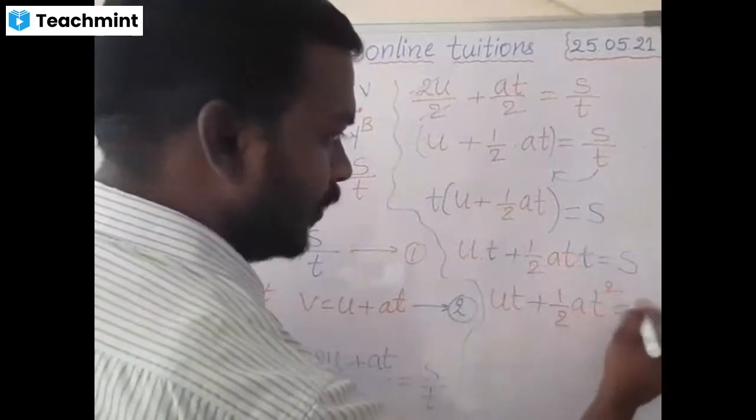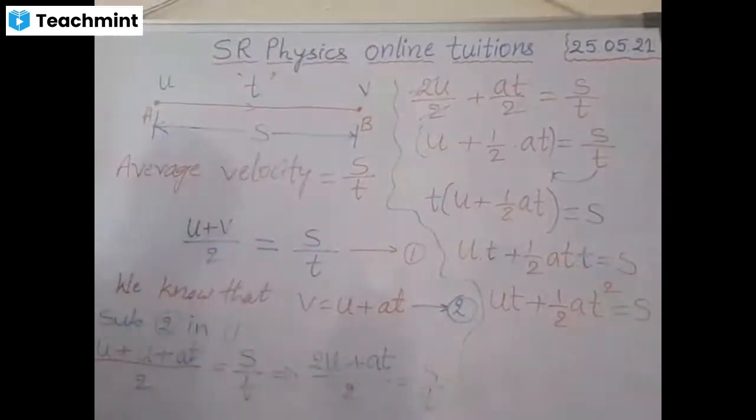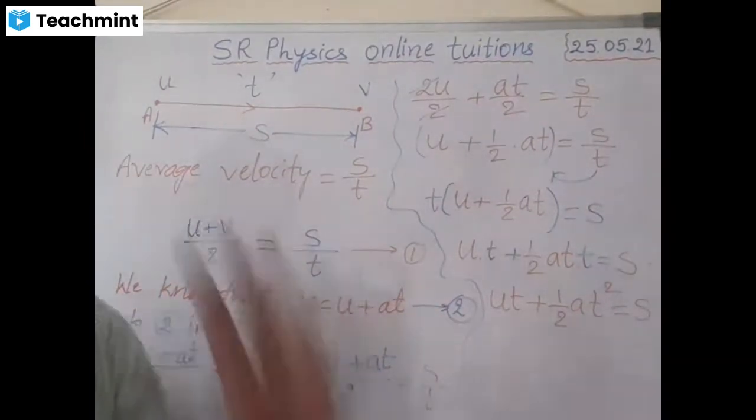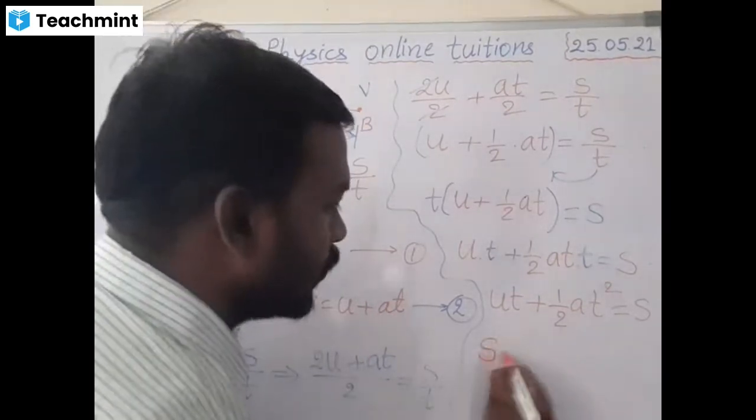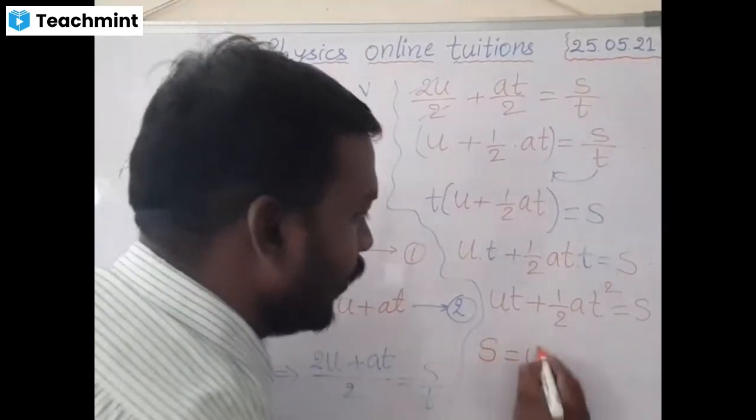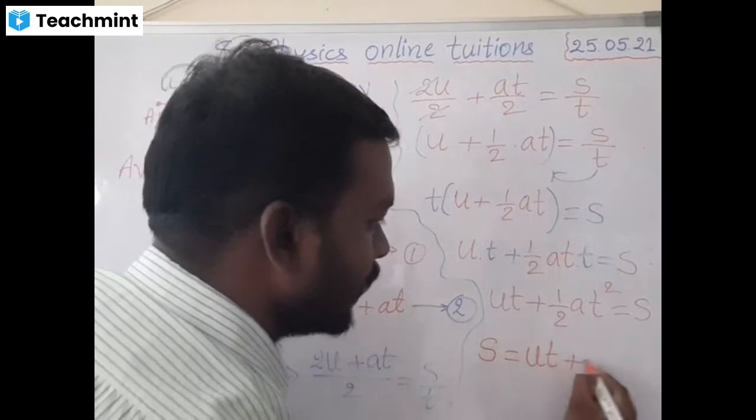Please be in line, I'll explain once again very clearly. So S is equal to UT plus half AT square.